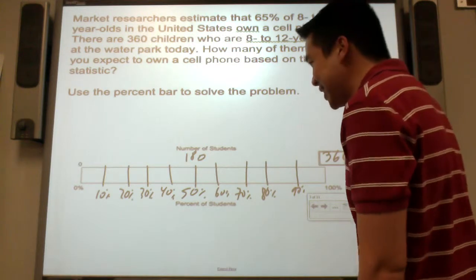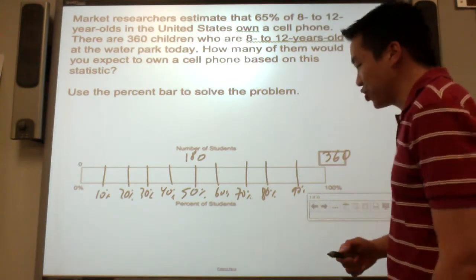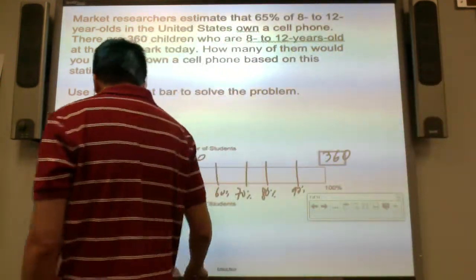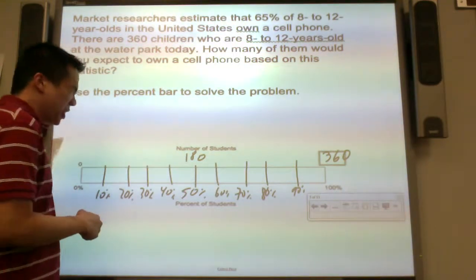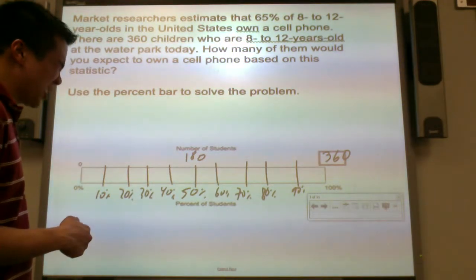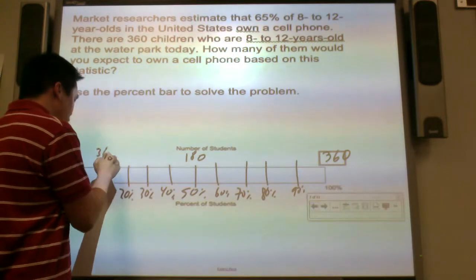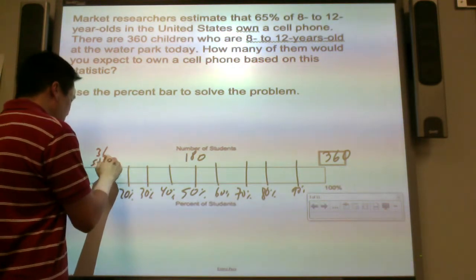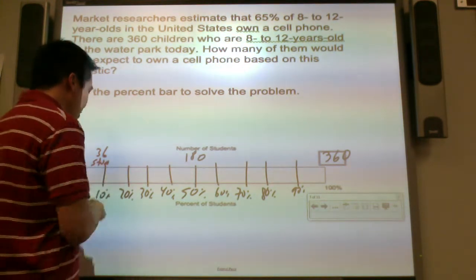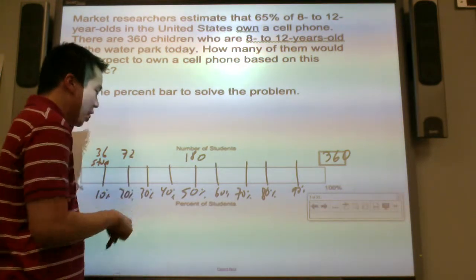If there are 10 sections and there are 360 students, how many students will be in each section? 360 broken into 10 sections would be 36 students per section.